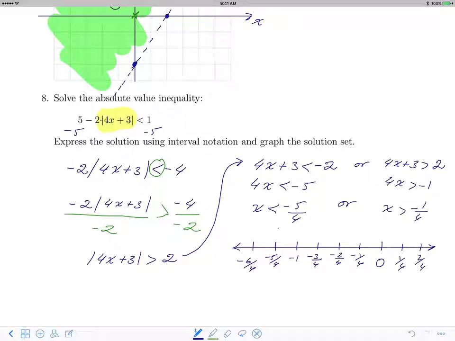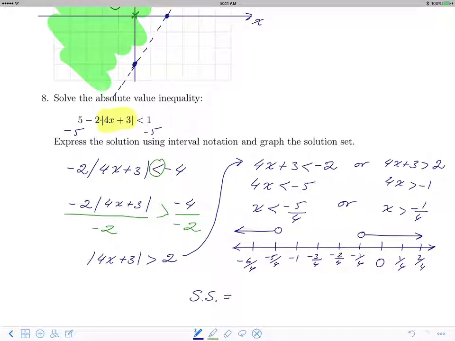So I'm going to mark my negative 5/4 right here, and I'm going to draw an arrow to the left. And then for the other one, here is negative 1/4 and greater than that, so I have to mark it to the right. So that's a graph of the solution set.